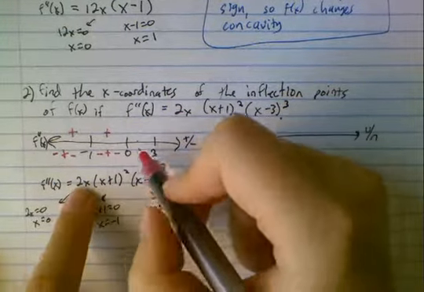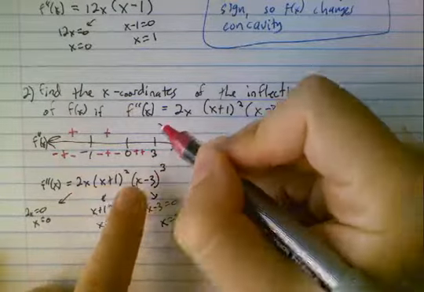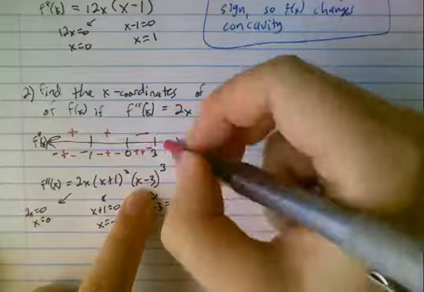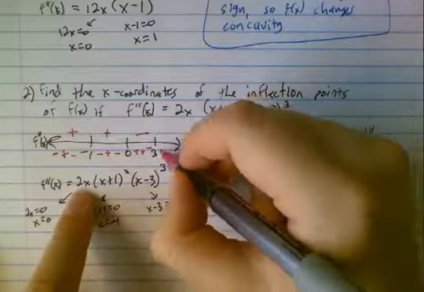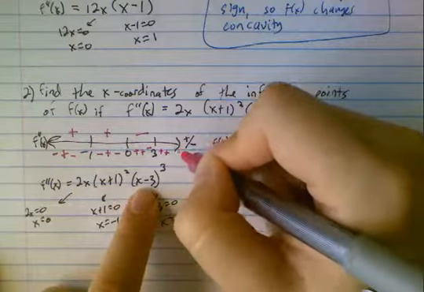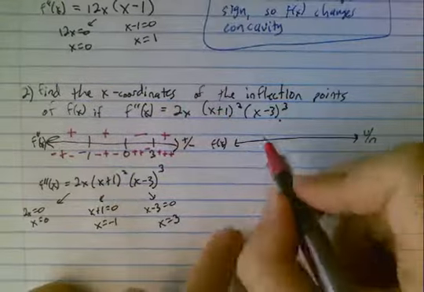So that's positive overall. Between 0 and 3, let's say 1: 2 times 1 would be positive. Anything squared is positive. 2 minus 3 is negative, cubed is still negative. So that's negative. A number bigger than 3, let's call that 4: 2 times 4 is positive. Anything squared is positive. 4 minus 3 is positive, cubed is also positive. So there we go like that.